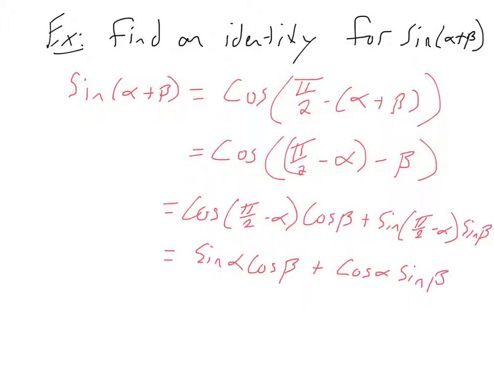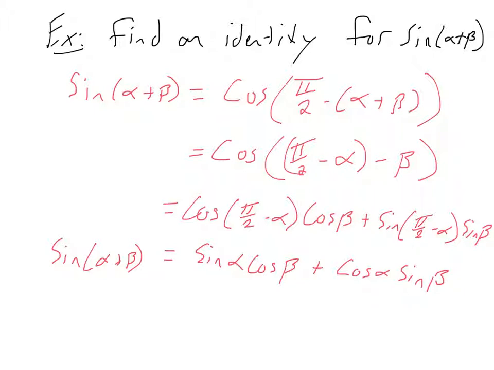So there we go. We have sine alpha cosine beta plus cosine alpha sine beta, and that's what sine of alpha plus beta is going to be equal to.